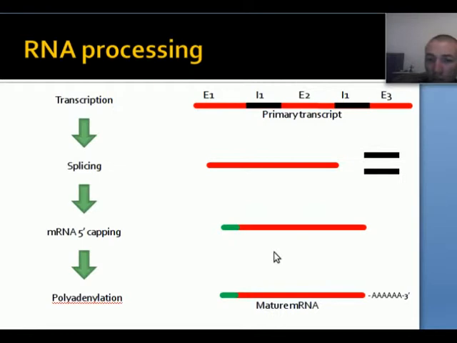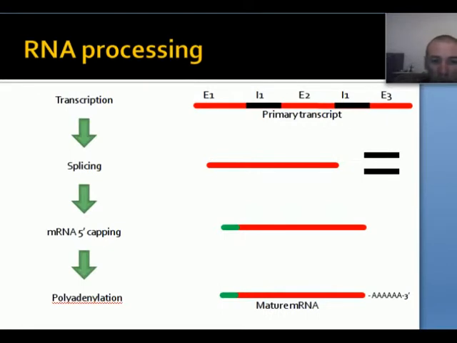After this 5' capping, we have another step called polyadenylation. What happens is that in the 3' extreme, a poly A tail is added. We have a lot of adenines that are added in this extreme.